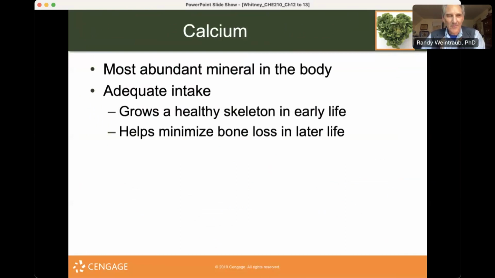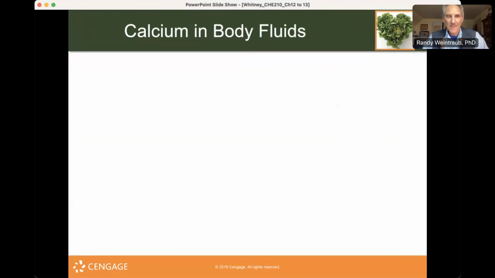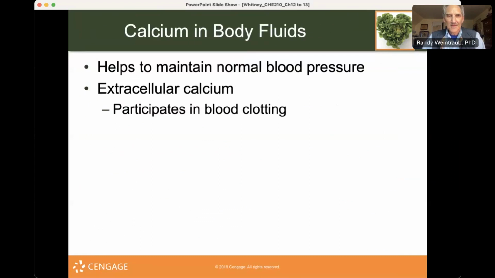Bioavailable calcium helps maintain bone health. The majority of calcium, that highest mineral by weight in our body, is in bones and teeth. Calcium also helps to maintain normal blood pressure, an important cation.